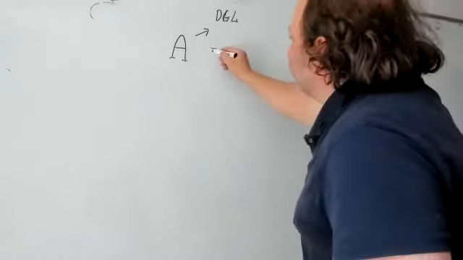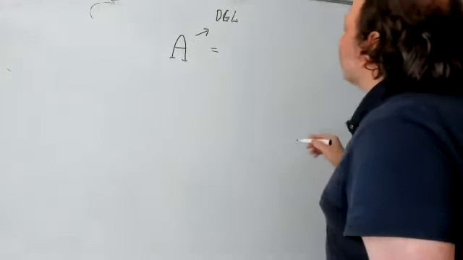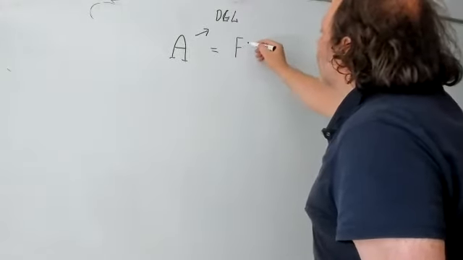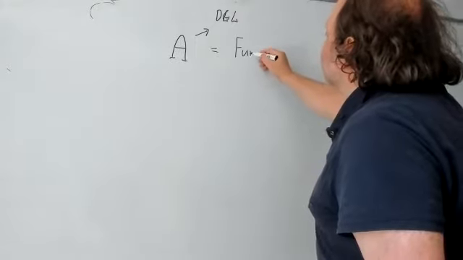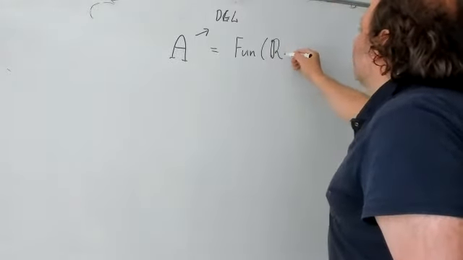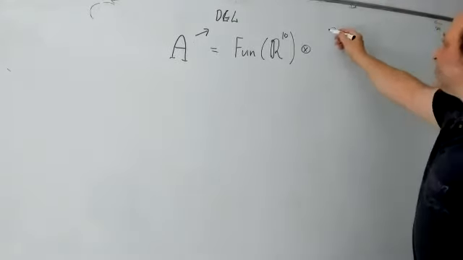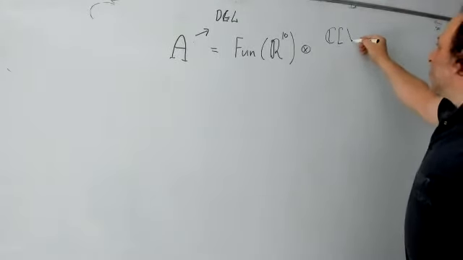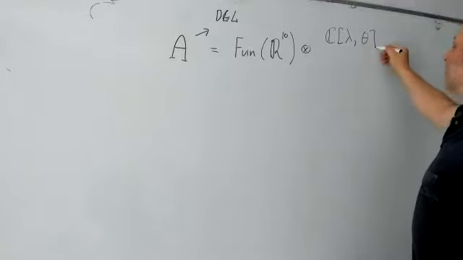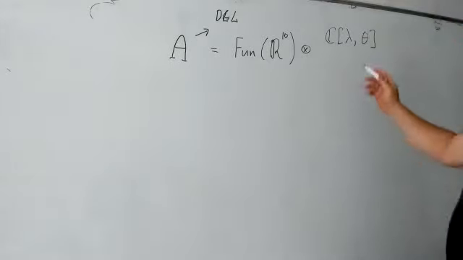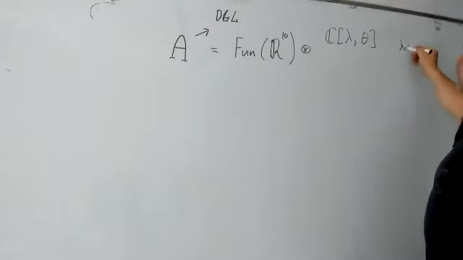And this A is a product of the algebra of functions on R10 times polynomials of lambda and theta, where lambda and theta have 16 components.